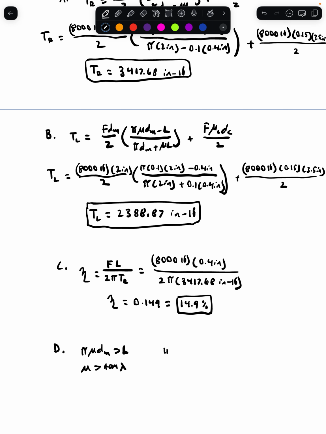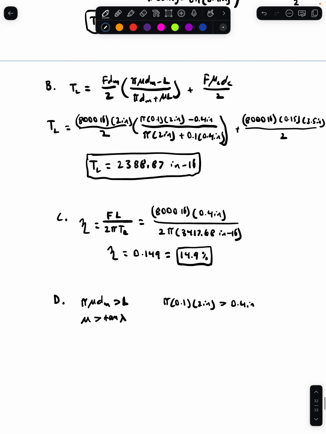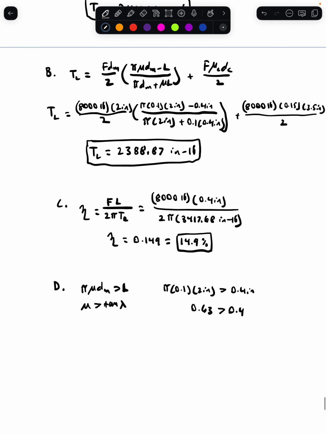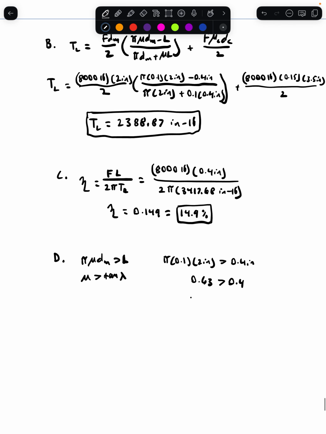So pi times 0.1 times 2 inches has to be greater than 0.4 inches. So we get 0.63 is greater than 0.4. This is true, and so what that means is that yes, it's self-locking.